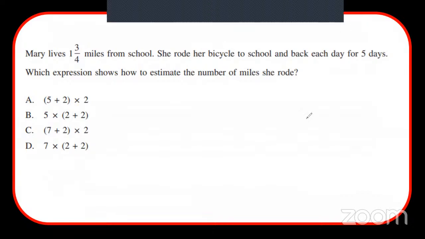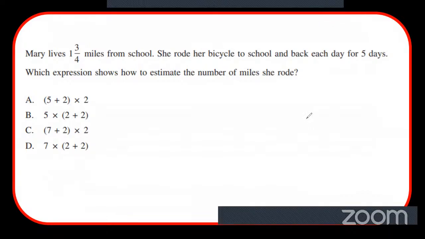So if she rode, let me just get my pen here. If she lives 1 3/4 miles from school and she rode her bicycle to school and back each day for 5 days, it means that 2 multiplied by the amount of miles she rides in one day might give us how far she has ridden in one day.